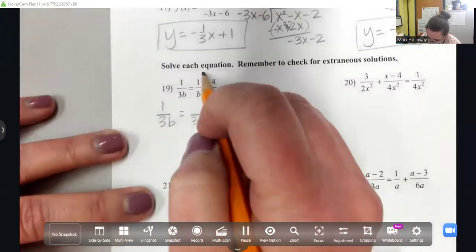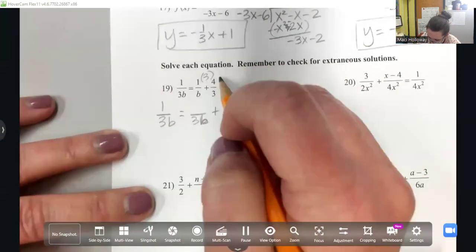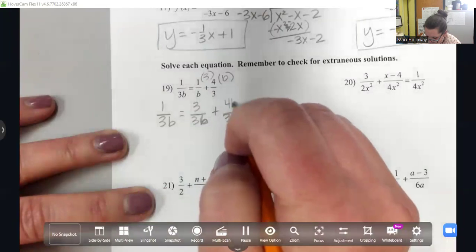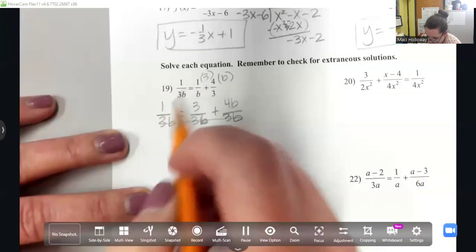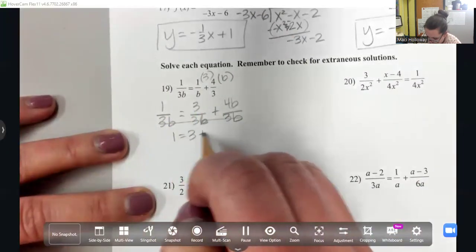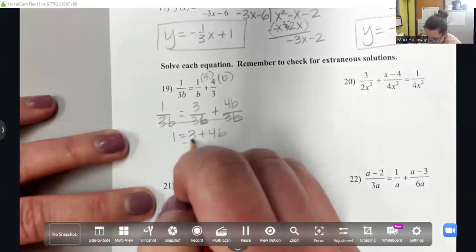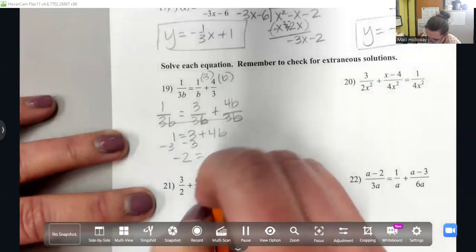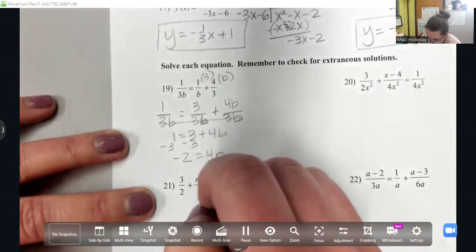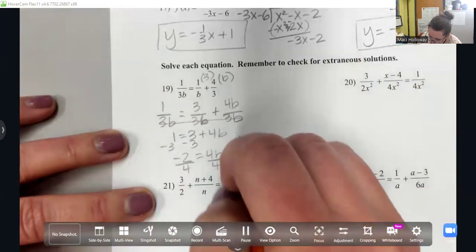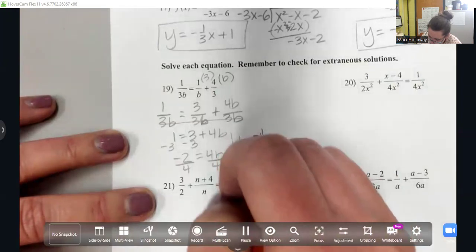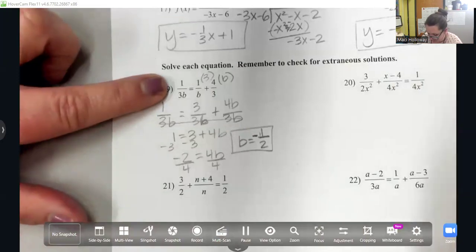My second term needs a 3, and my last term needs a b. So we have 3, and 4b cancels. So we have 1 equals 3 plus 4b. Can't be that easy, can it? Minus 3, so negative 2 equals 4b. Divide, b equals negative 1/2.